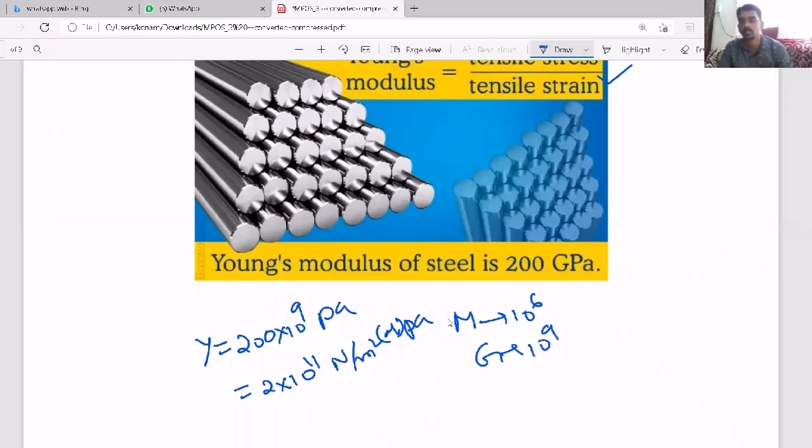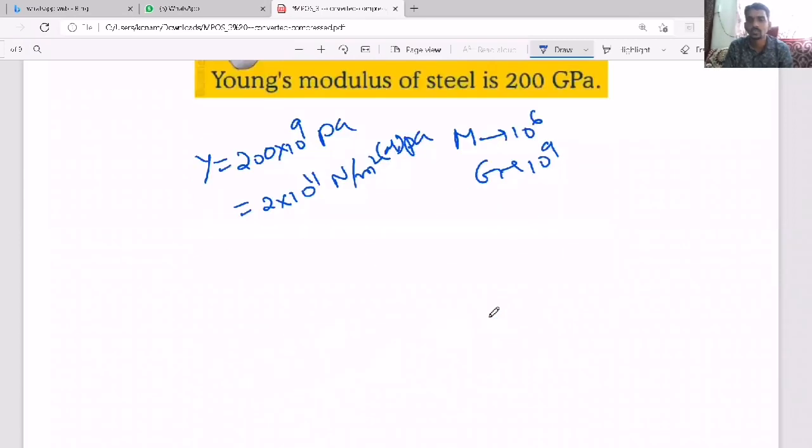So this is the Young's modulus. Already we studied what is longitudinal stress and what is longitudinal strain. Here we have just defined that the ratio is one constant, which we are calling Young's modulus.